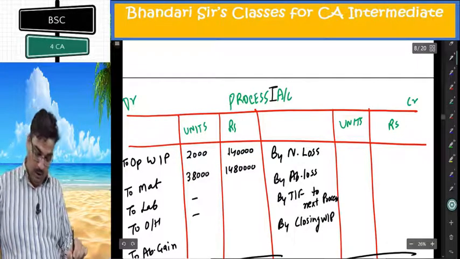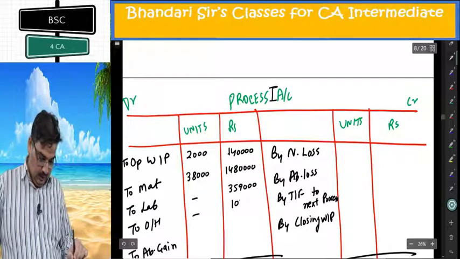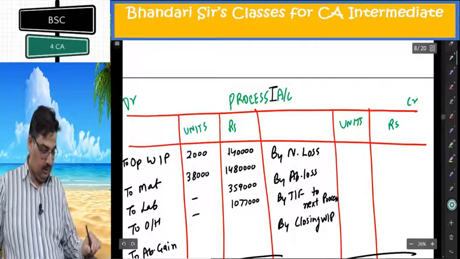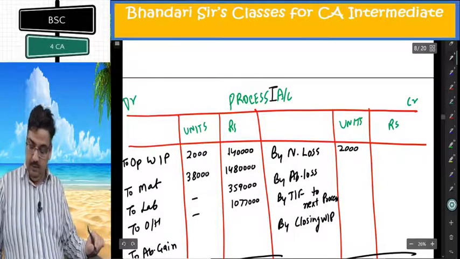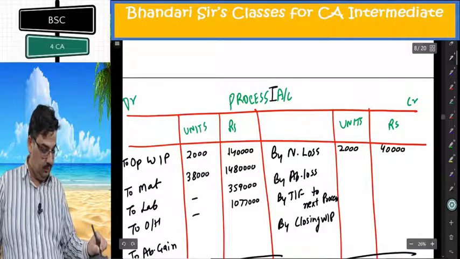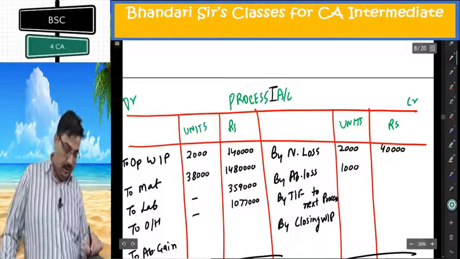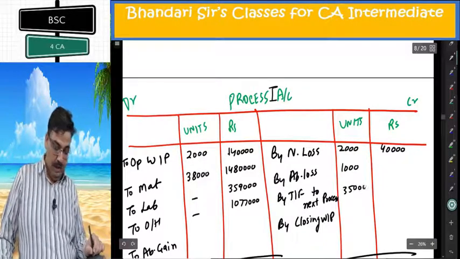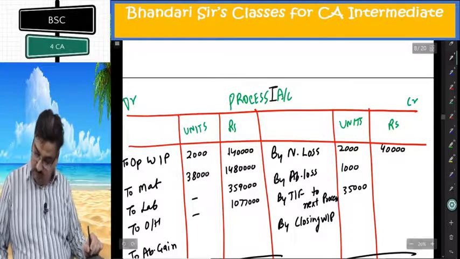Labor and overheads, units are not there, 3,59,000 and 10,77,000. Normal loss 2,000 will be sold at 40,000. Abnormal loss units 1,000, transferred to next process 35,000, and closing WIP was 2,000.